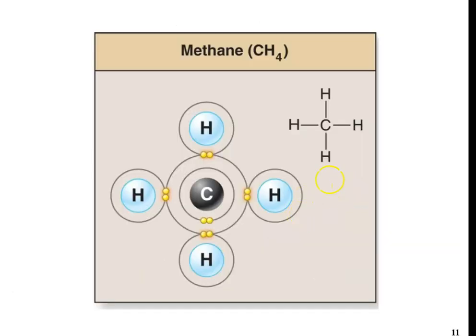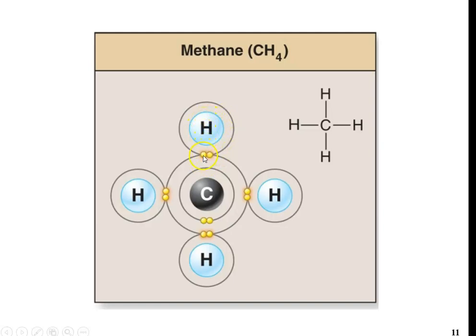So here you've got carbon. Note that its inner shell is filled with 2 electrons, and then its outer or valence shell is filled with 8 electrons. And the reason that happened is carbon is sharing or borrowing 1 electron from each hydrogen.